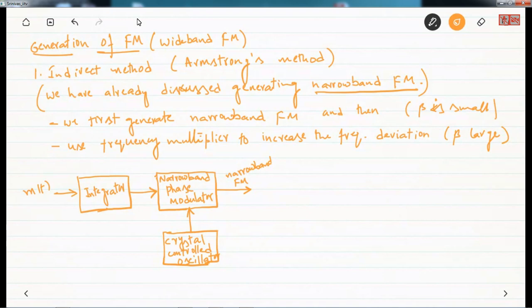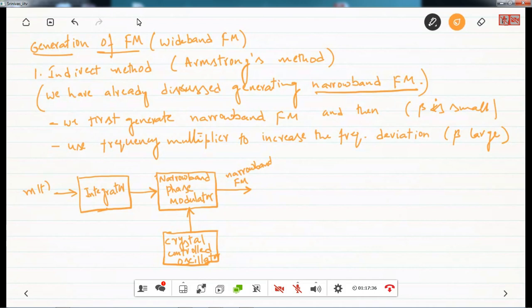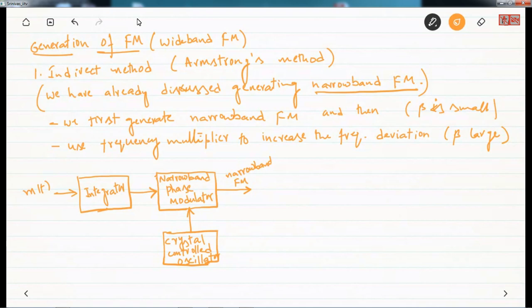And when the baseband signal is applied, when the modulation starts, according to the baseband signal m of t, the phase of the carrier signal keeps varying. So that amount of variation, if you keep it low, then we call it a narrowband phase modulator, right?